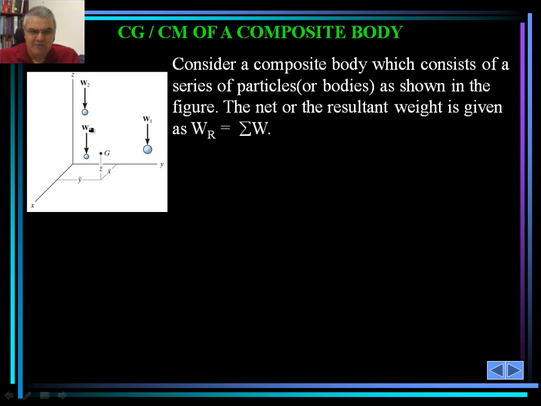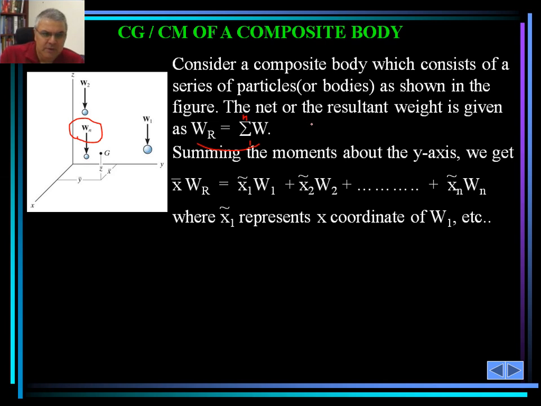We name them here as W1, W2, and in general W sub n, from 1 to n. And for such a system, the net or resultant weight would be given as W sub r, or simply the summation of all these W's from i equals 1 to n.